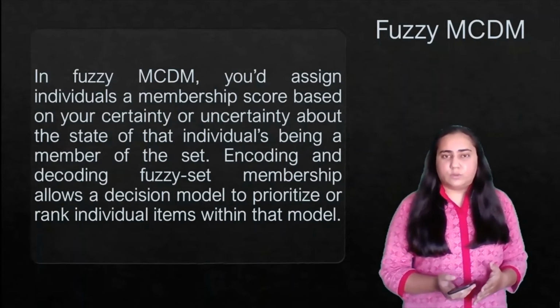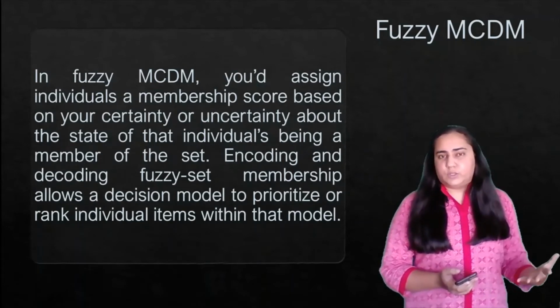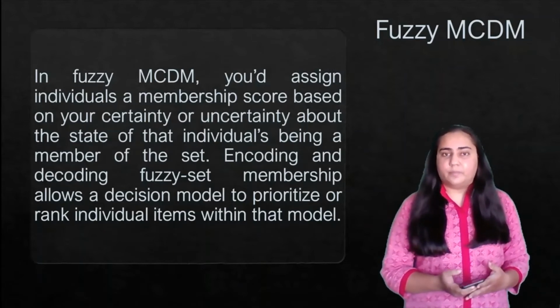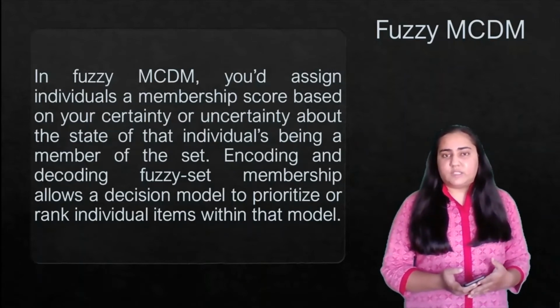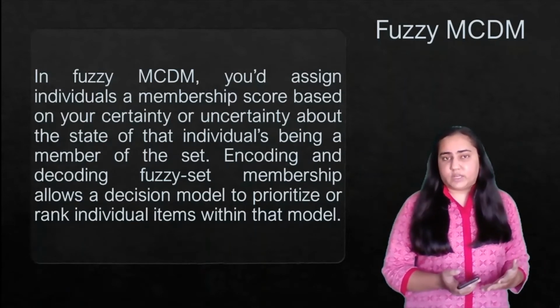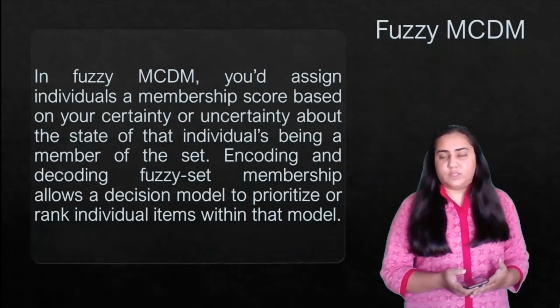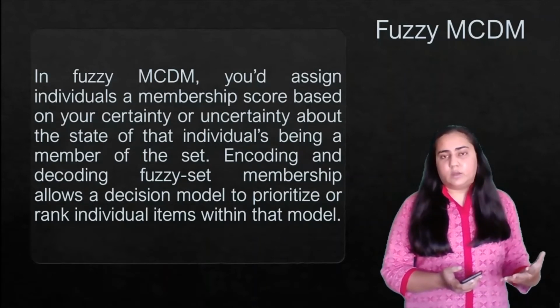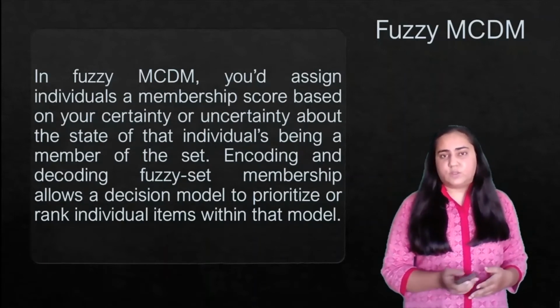You might want to consider how sure and how unsure it is, and based on that, assign a score. Encoding and decoding fuzzy set membership allows a decision model to prioritize or rank individual items within that model. So this also allows you to prioritize criteria based on the score given. So we're going to see that in a minute now.